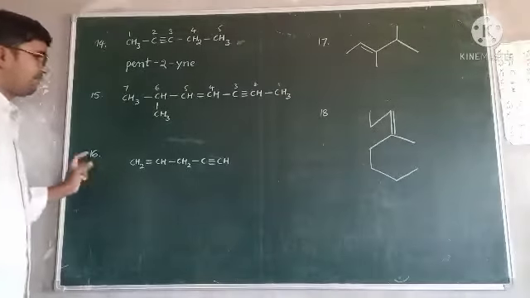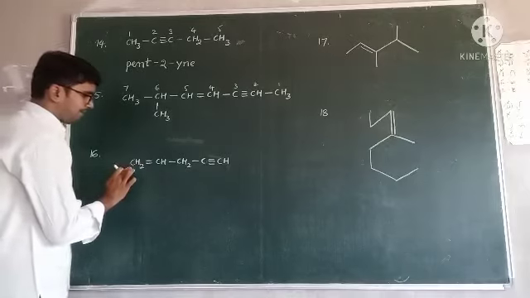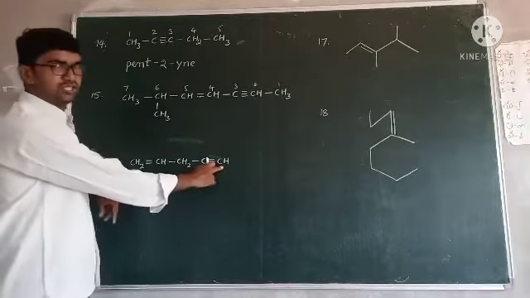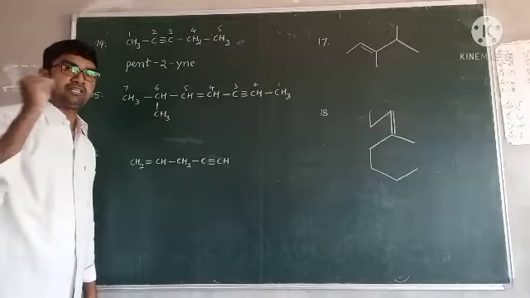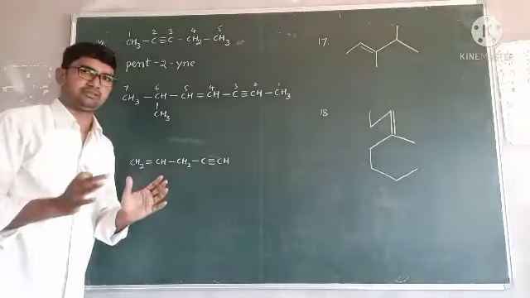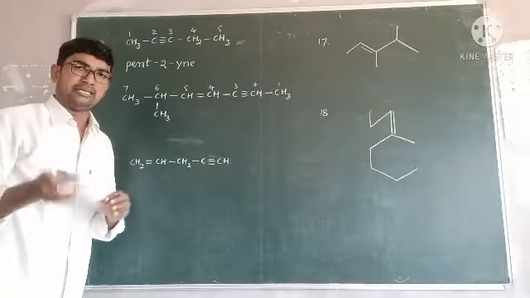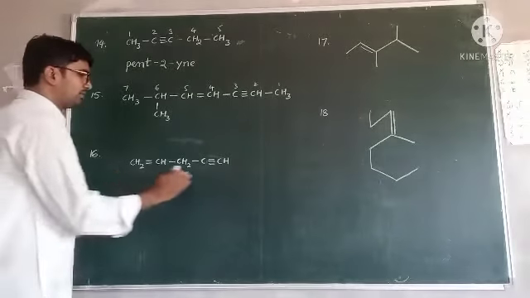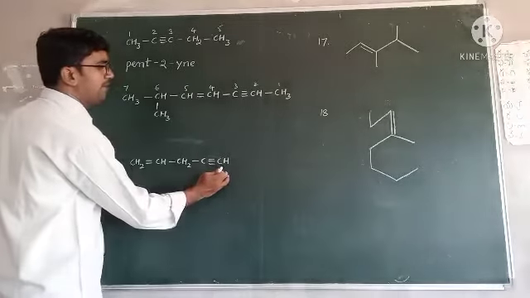Okay, once check this compound. Here double bond is attached to the first carbon. From this side, triple bond is attached to the first carbon. Now which one gives the main priority? If these two are at the same positions, double and triple bond, then give the main priority to the double bond only. So for this type of compounds we give main priority to the double bond.